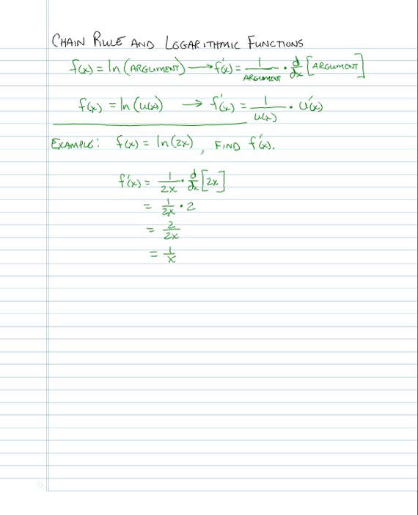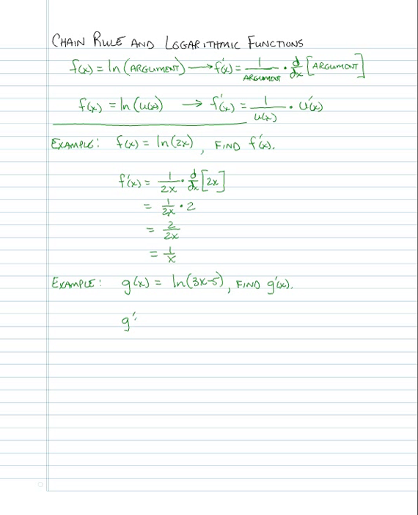In fact, let's look at the example that I really kind of got out of order, and that was our g of x. In this case, we'll say g of x is equal to the natural logarithm of, and what was it? 3x minus 5 was our argument? I believe so. 3x minus 5. Find g prime of x. Well, here we go.